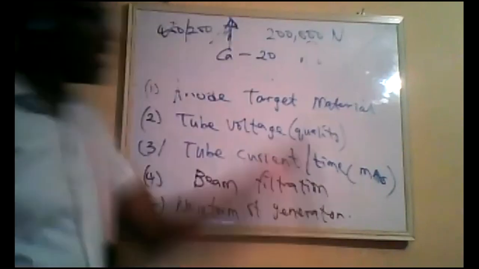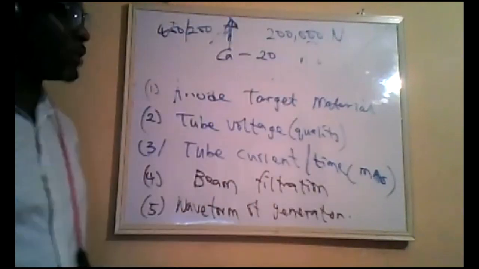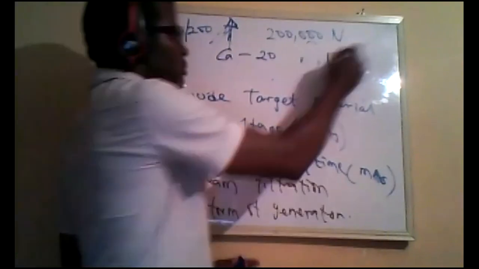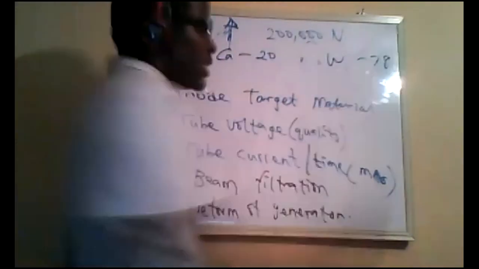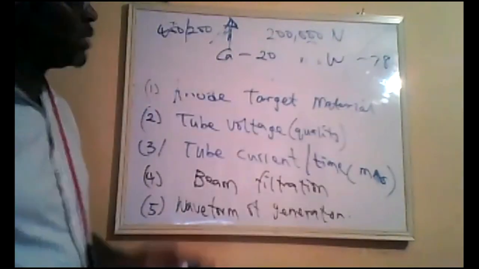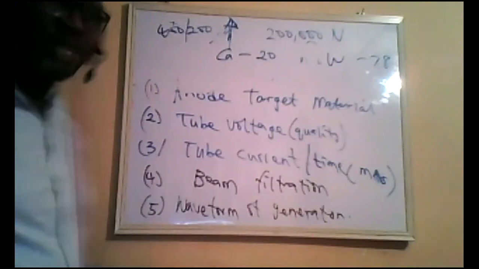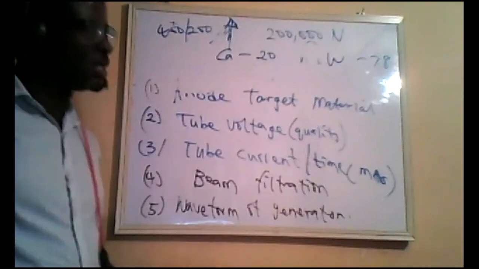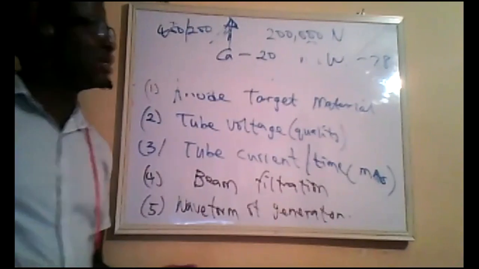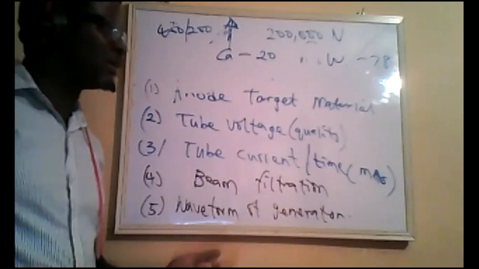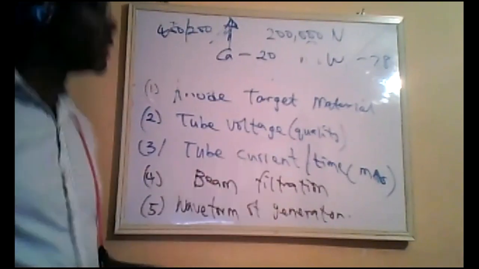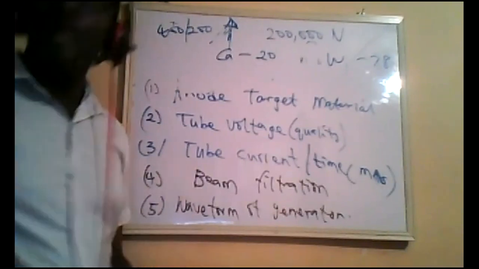But if you use a high Z material like tungsten, which is element, I think, 74, it will generate Bremsstrahlung X-rays that have appreciable energy, and of course characteristic X-rays that have appreciable energy.